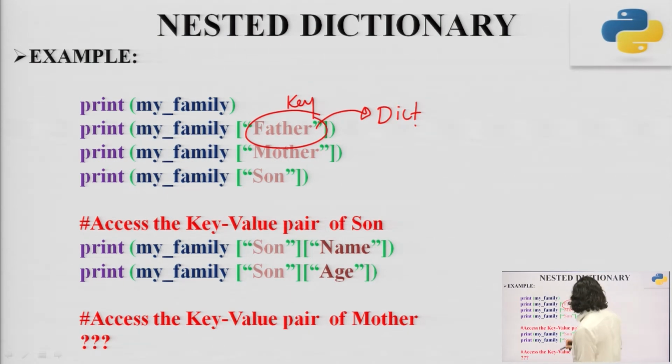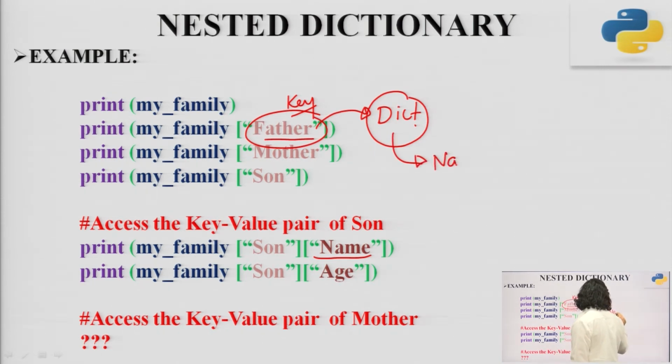So, we need to put another extra piece of information beside this key element to refer to the key element of the same dictionary. That means this father is referring to the key element of my family, followed by name, which is the key element of father.